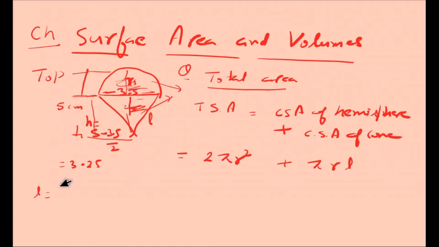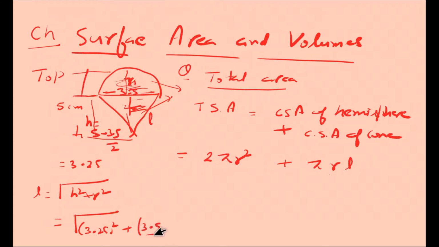Now what is l? l equals under root h square plus r square. Using this value of h, h is 5 minus 3.25. So l is the square root of 3.25 square plus r square, where r is 3.5 upon 2.